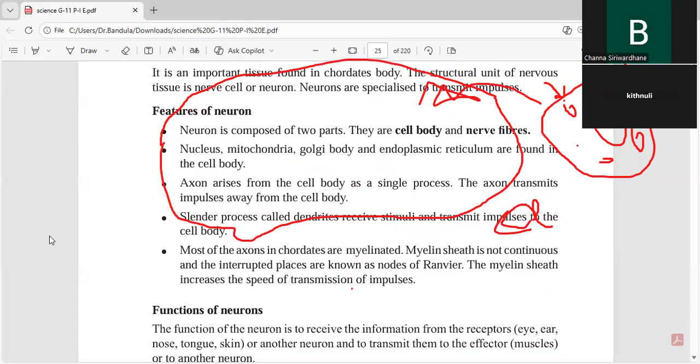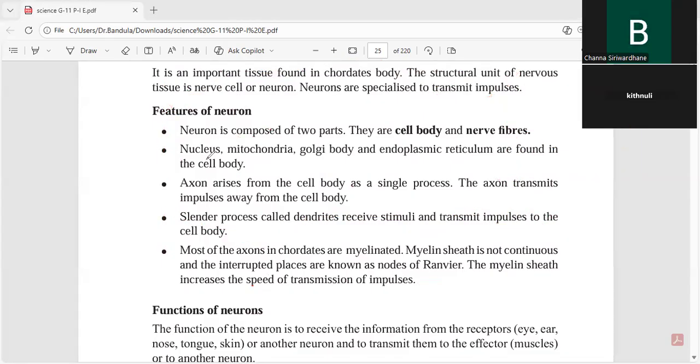Now you know those axons are much longer than we think. So we have the cell body and nerve fibers. Nerve fibers means axons. Clear?